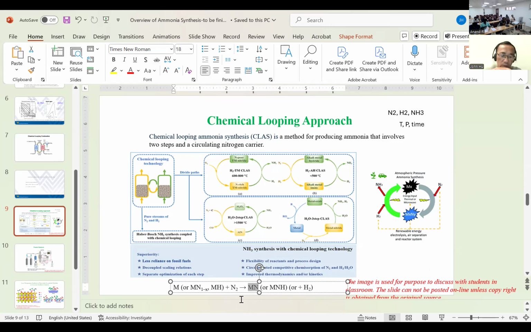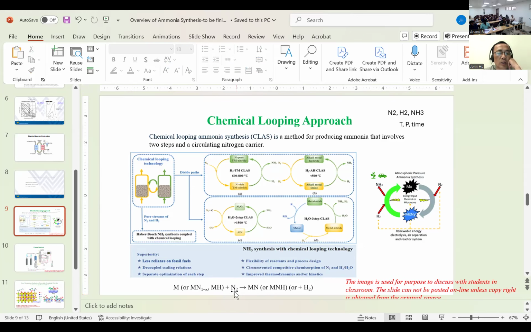Do you have a question, or you just say you heard about the chemical looping of ammonia? Yes, sir. One small question. If oxygen or nitrogen is obtained from metal, which are metal oxides or metal nitrides, then we call that looping, or is there any other general definition for chemical loop? No. In this case, for ammonia synthesis, you have to use pure nitrogen. There's no oxygen involved.